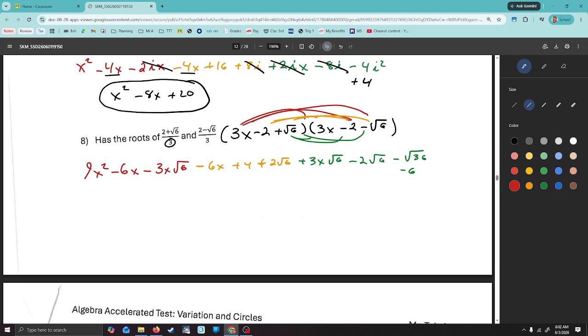Cross out what we can, which should be the roots pretty much. So negative 3x root 6, positive 3x root 6, 2 root 6, negative 2 root 6. Yep. So we get 9x squared minus 12x minus 2.